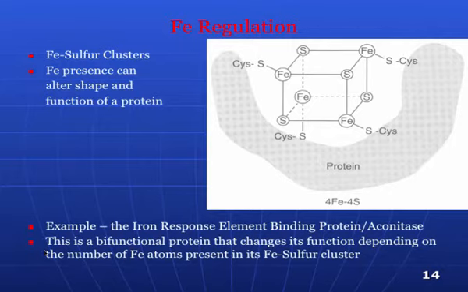Transferrin, what's transferrin? That's the one that transports iron in the blood. Transferrin binds transferrin receptors on the cell's surface. So if a cell needs iron, it increases the number of transferrin receptors.